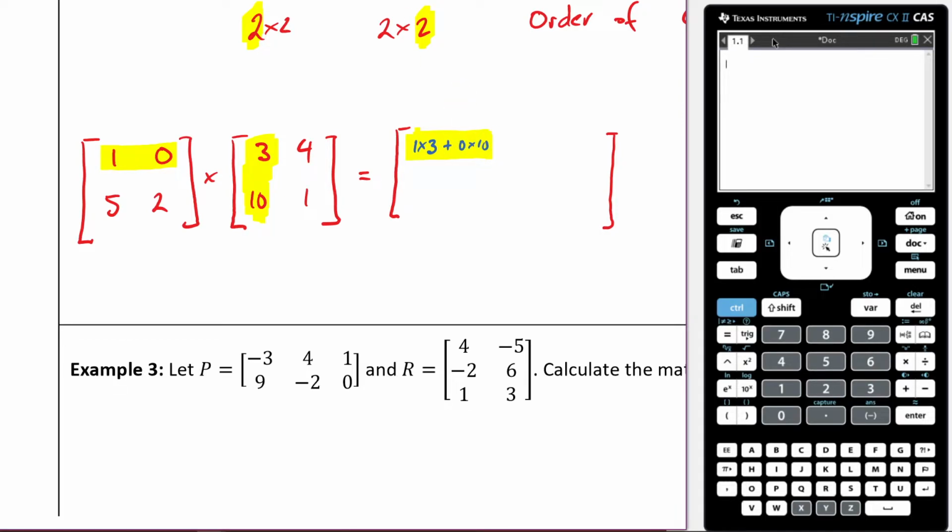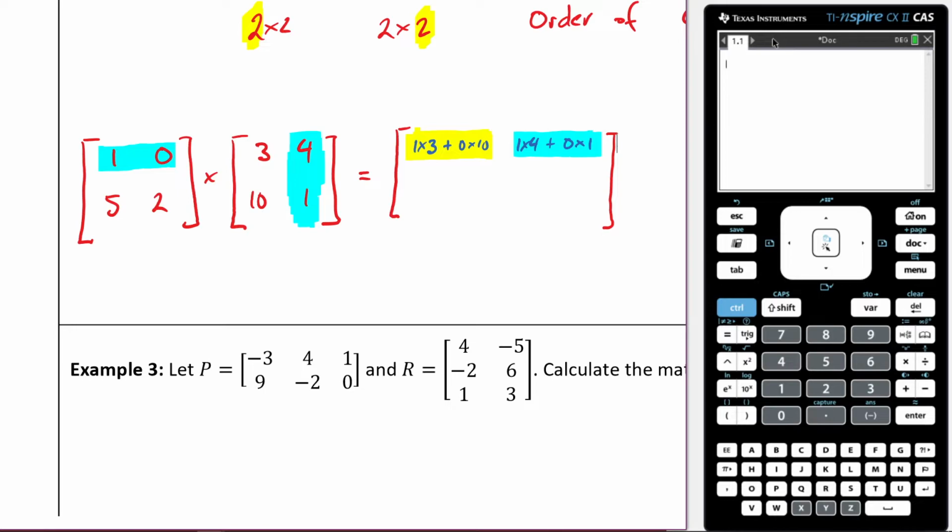And then I'm going to rub out this highlight. I'm going to consider this one over here. I'm still in the first row, and now I'm in the second column. So now I'm going to do 1 times 4, plus 0 times 1.